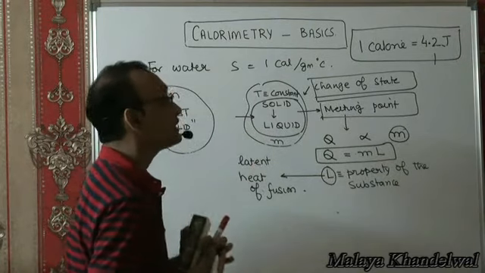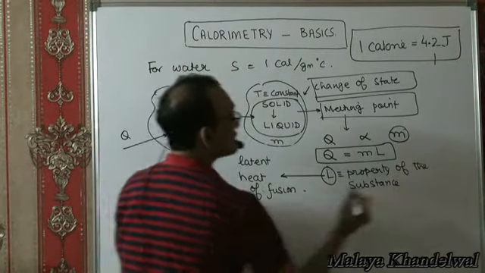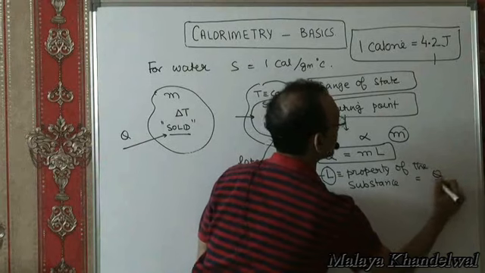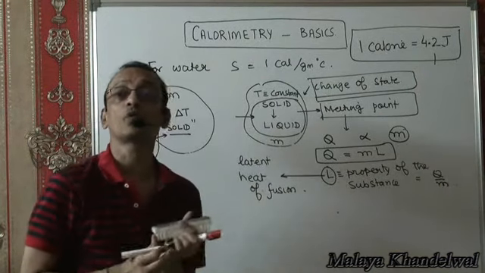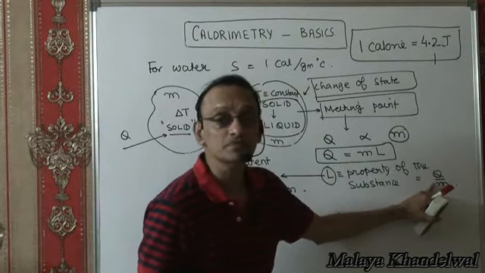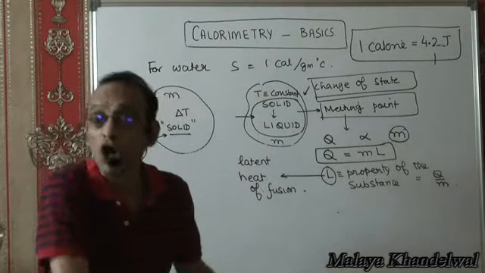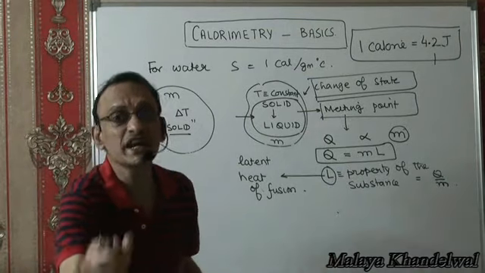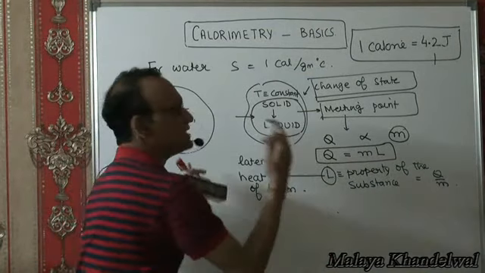And what is it? Latent heat of fusion, as you can see, is like Q by m, the amount of heat required to convert 1 gram of substance from its solid state to its liquid state at the melting point. That's latent heat of fusion.